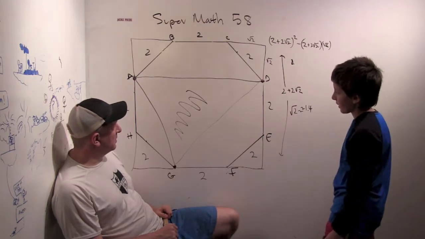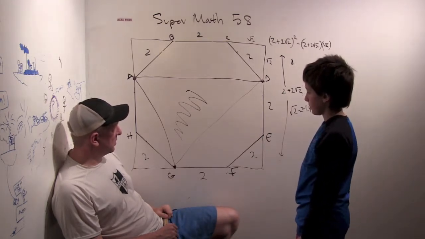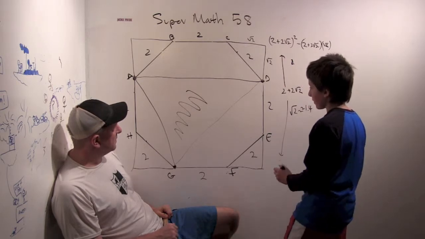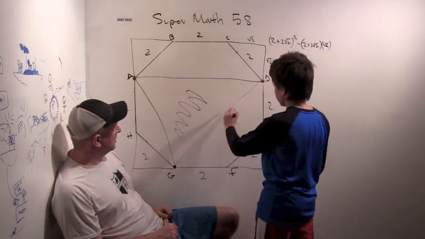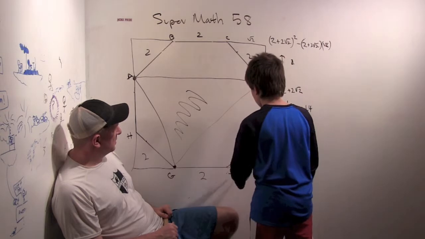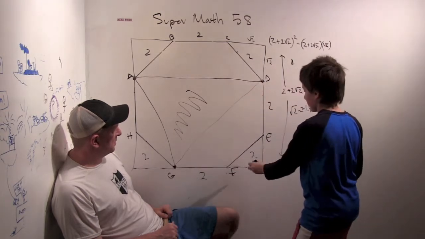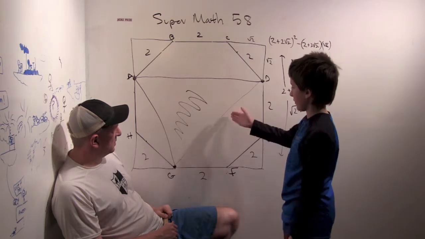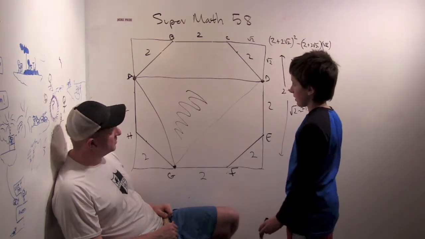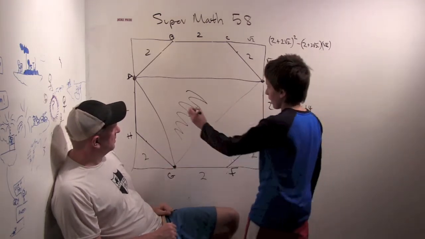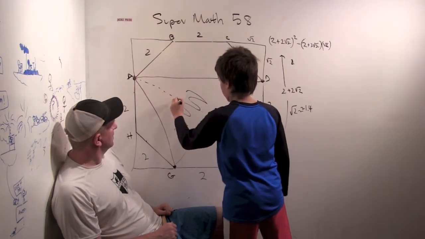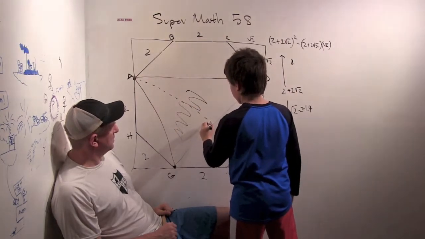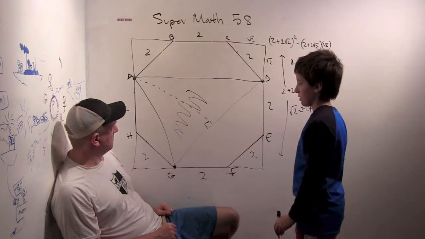Well, we could do 1/2 base times height, because we can figure out what this GD is because we have this 2 plus root 2, and we can just square that to find what this is. What would you do once you knew this side? If we could find out what this is.